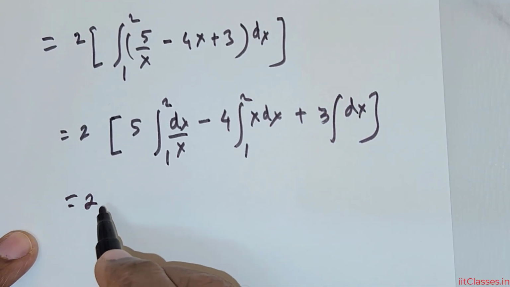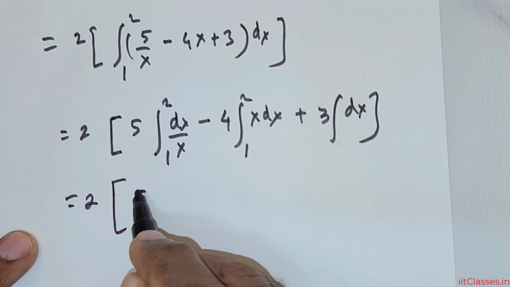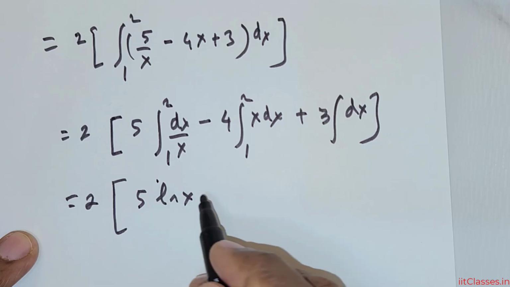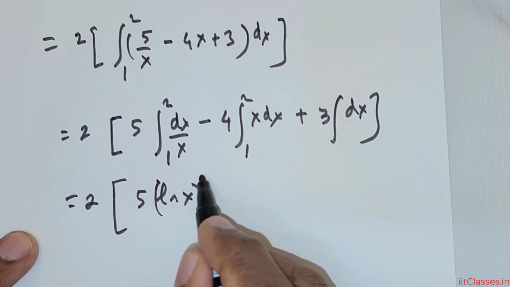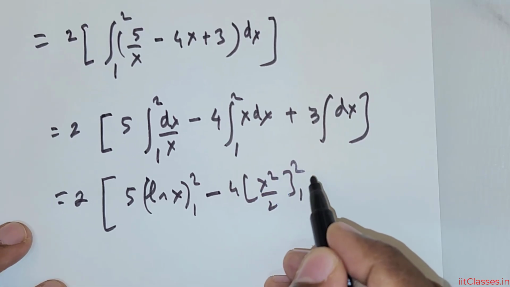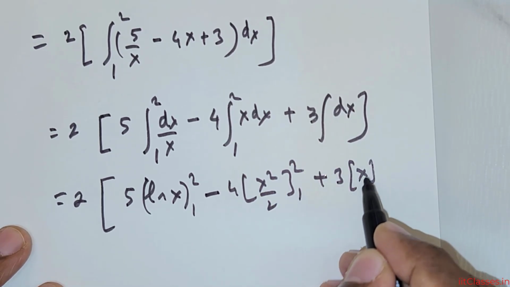So it's going to be 2 times 5 times ln x, with limits 1 to 2, minus 4 times x squared over 2, limits 1 to 2, plus 3 times x.